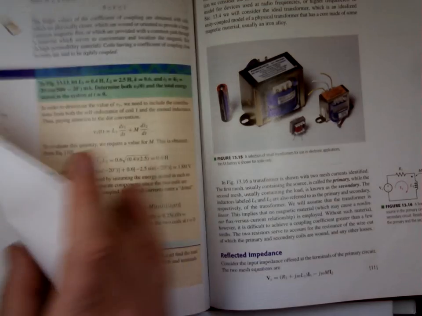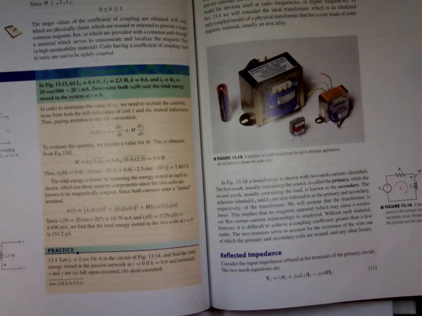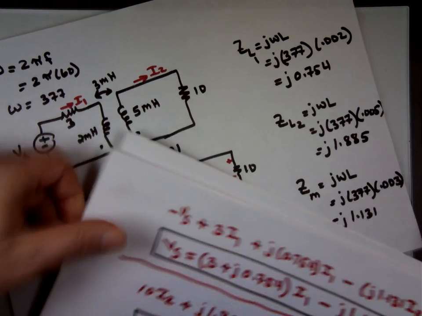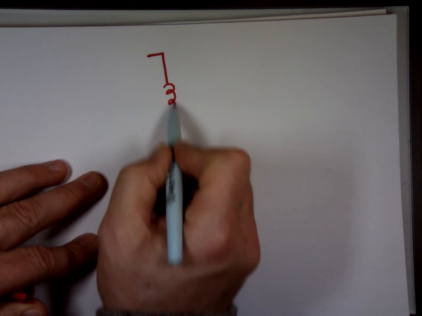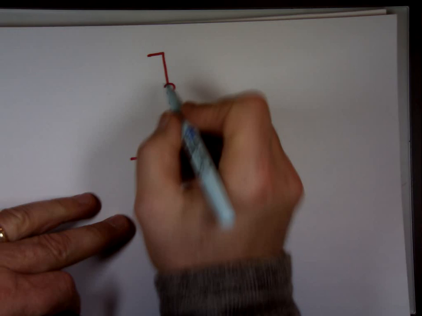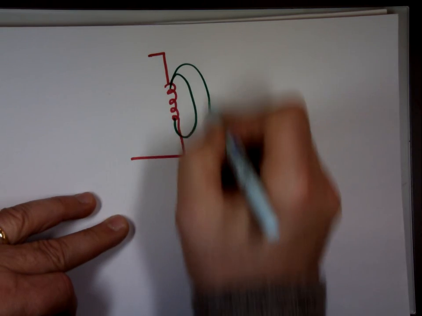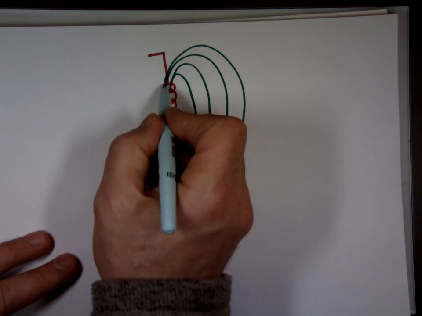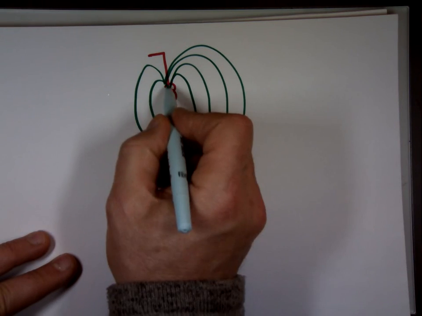That depends again on the field, because if you remember from just like a magnet, you have current going through this. Let me take this one out. When you have an inductor like this, you have a field as the current goes through it, and it looks like this, going on both sides, just like a magnet.